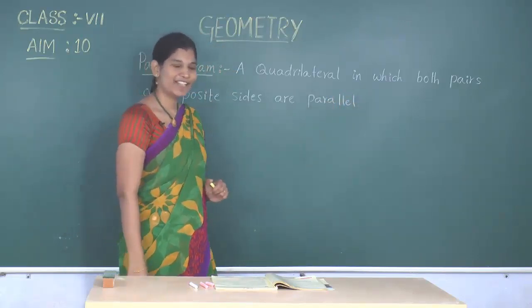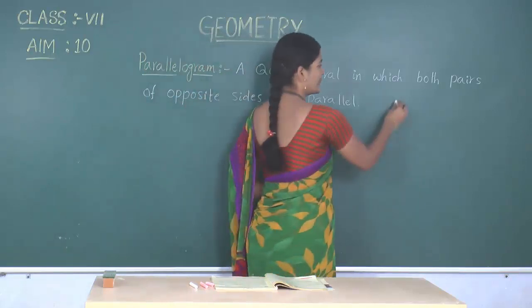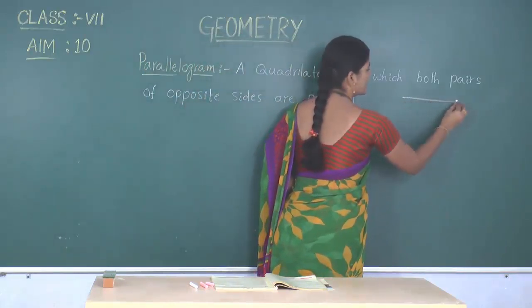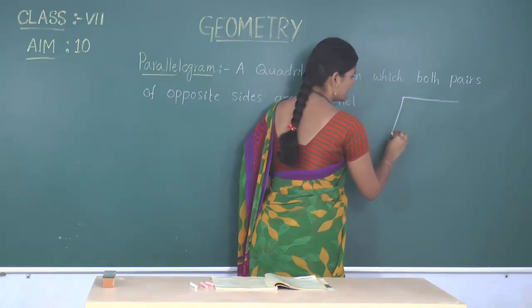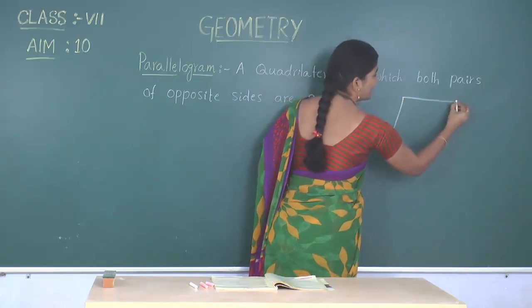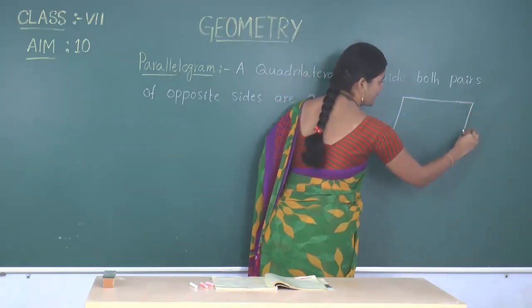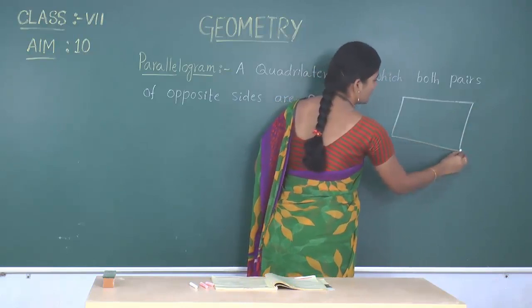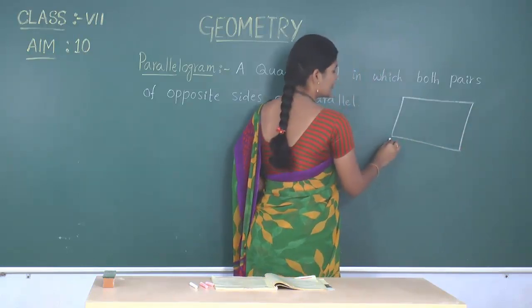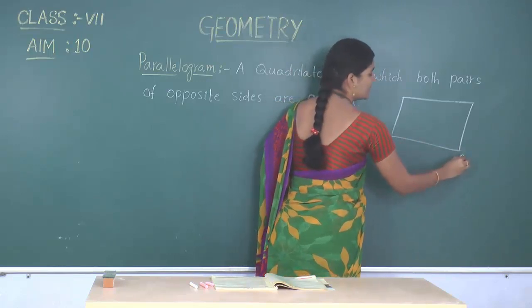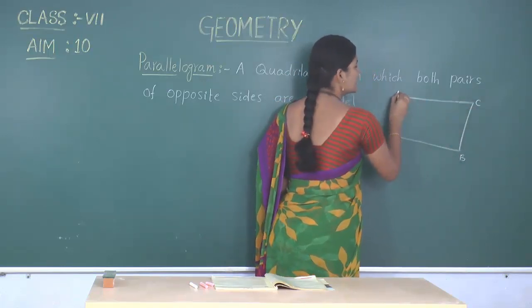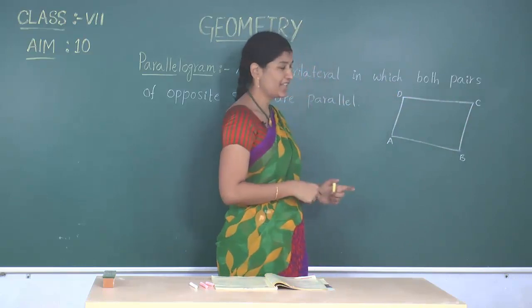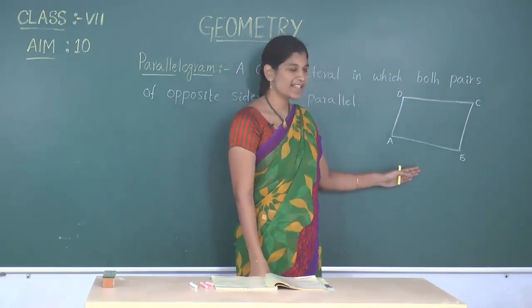Now let me draw the figure of parallelogram. See, this is the parallelogram. While we are drawing the parallelogram, we have to observe that their opposite sides should be parallel. Here ABCD is a parallelogram. In this, what are the opposite sides?